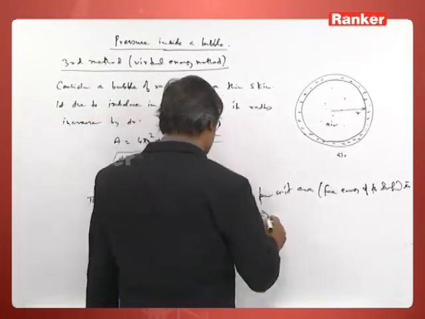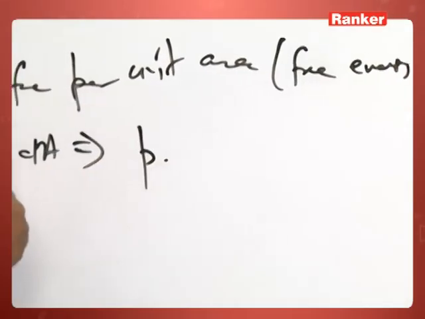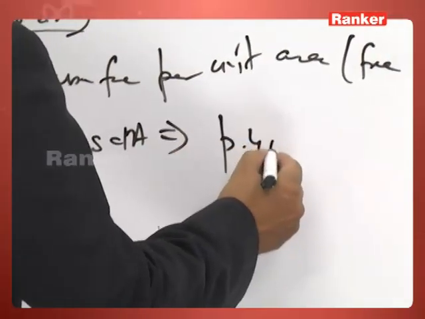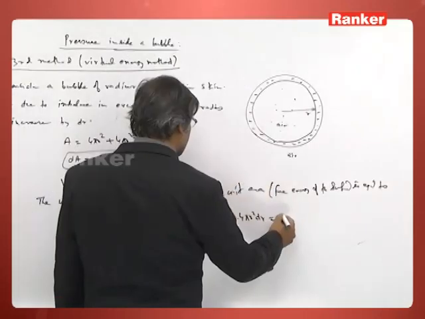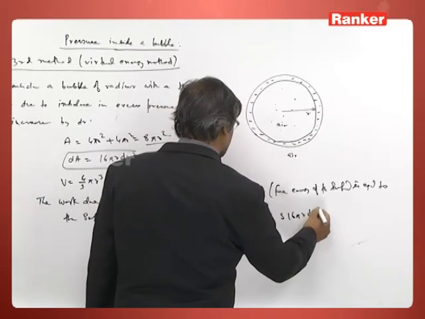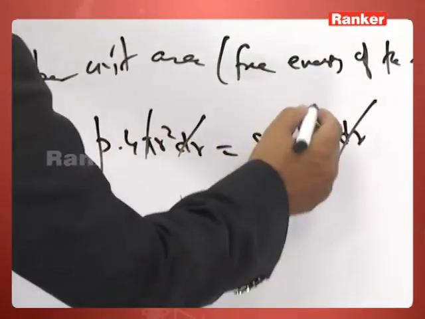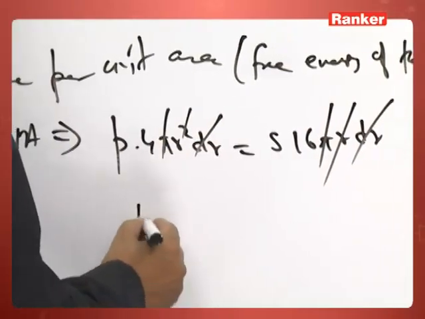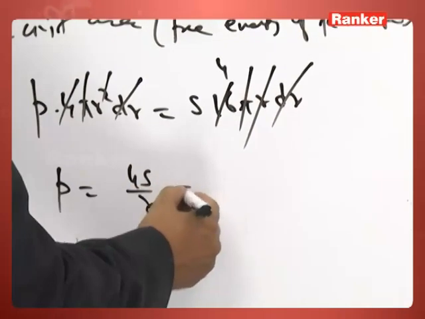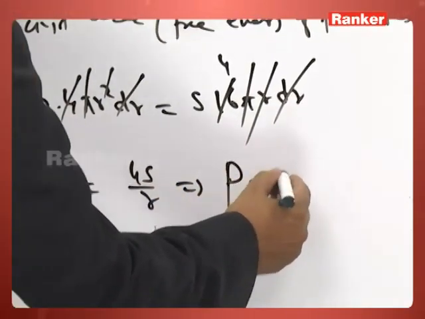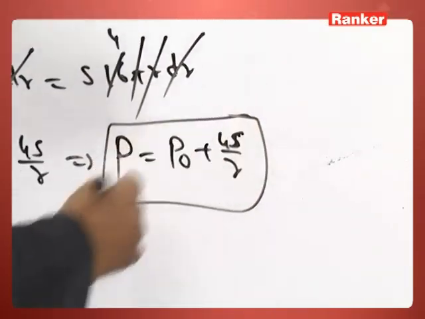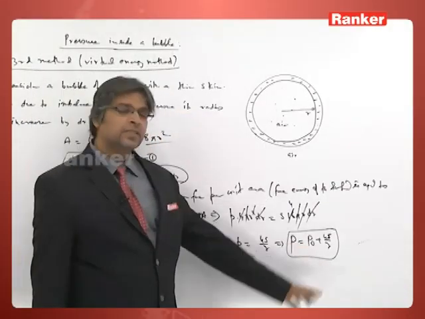Now, dW is excess pressure P into dV, the change in volume, that is 4 pi r square dr, equal to S into the change in area, 16 pi r dr. So, dr and pi r cancel. The excess pressure becomes 16 by 4, so this becomes 4S by r. So, the internal pressure inside is P outside plus 4S by r. Thus, for a bubble the excess pressure is 4S by r.